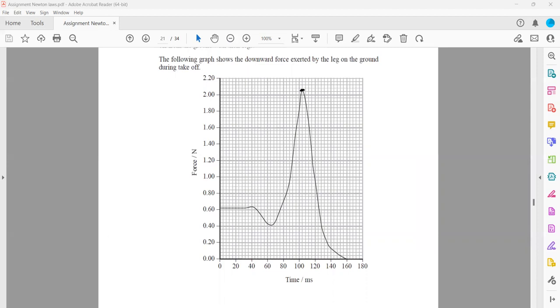So if you want to take the maximum, say you took this as 2.05. And we already know the weight of the bird, which is about 0.06. Each box is actually 0.04, so I can take 0.062. Or I can take this as a force.